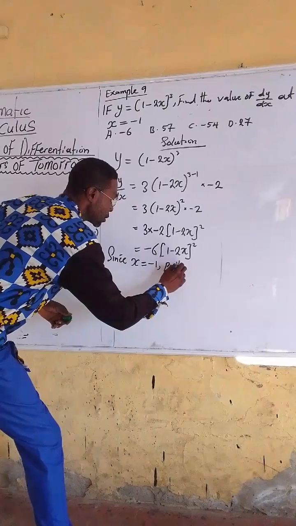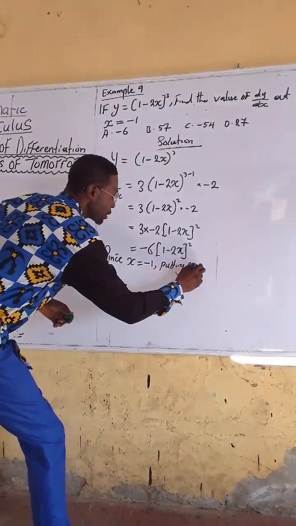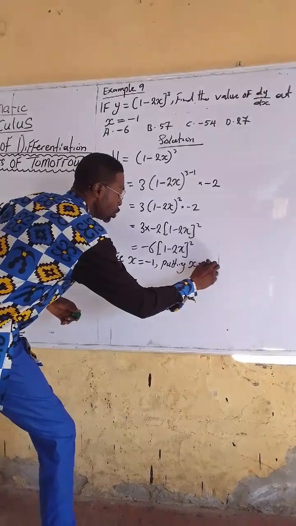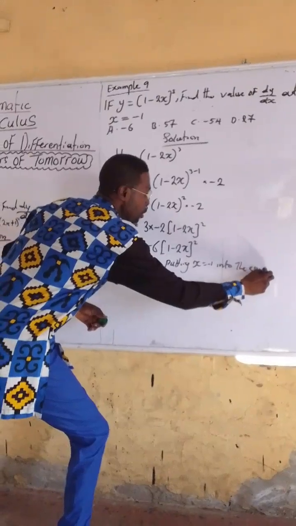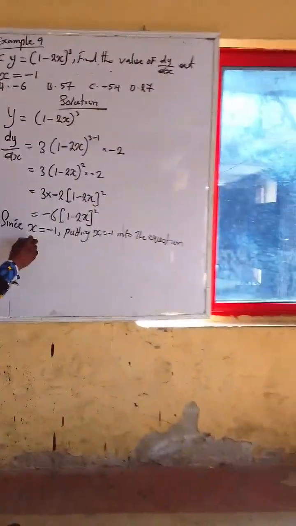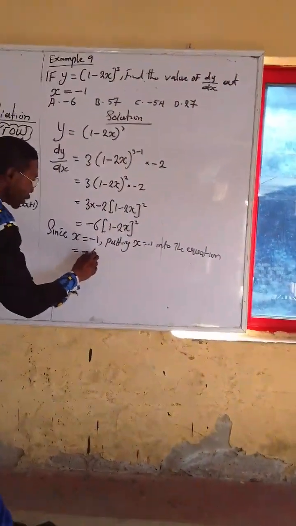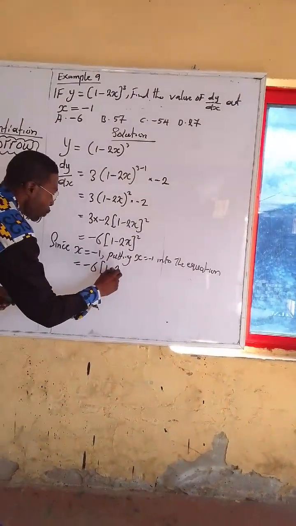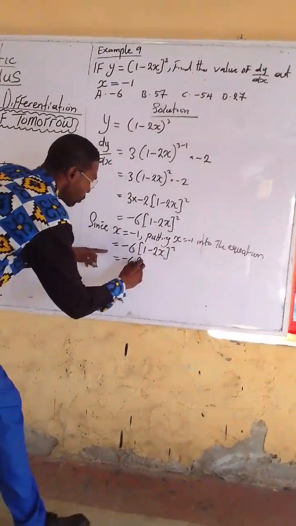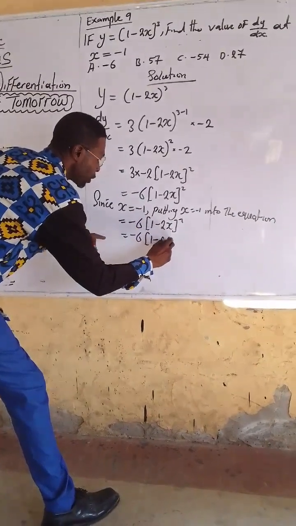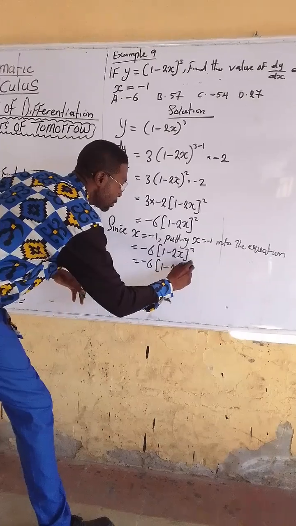Putting x equals minus 1 into the equation, we can now say that minus 6 (1 minus 2x) squared. Now let us put the x: minus 6 (1 minus 2 times open bracket minus 1) squared.